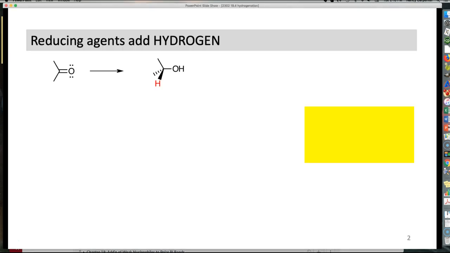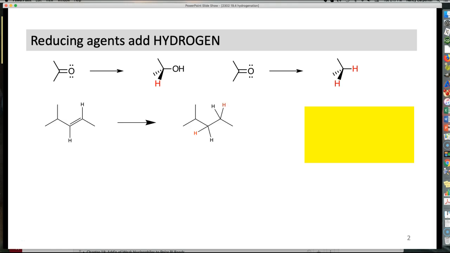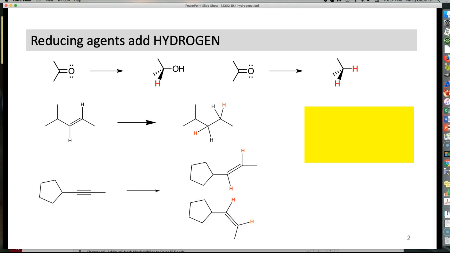Reducing agents, you will see, invariably in organic chemistry, add hydrogen. So as I go from the ketone on the left to the alcohol shown, you can see I've added a hydrogen. That's a reduction. If I add two hydrogens to my carbonyl and somehow get rid of the oxygen, that's still a reduction. Going from an alkene to an alkane, adding hydrogens, that's a reduction.